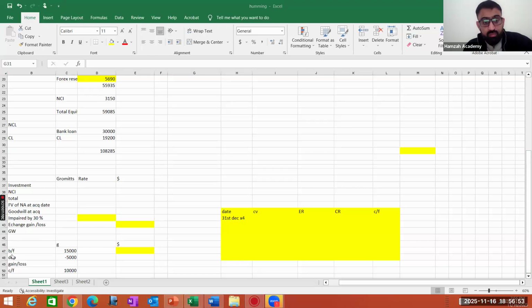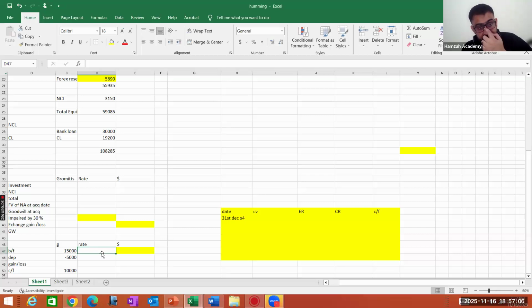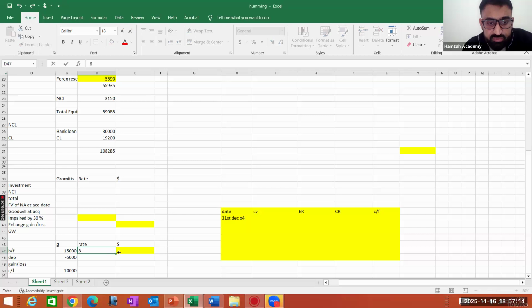Okay. But now it is in grommets, we have to translate it into dollar terms, and for exchange purposes, the net asset at the date of acquisition will be translated using the rate at the date of acquisition, which is 8 grommets per dollar. So in terms of dollar, it is 1875.